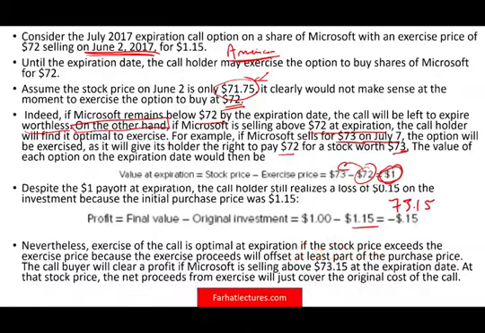Nevertheless, exercise of the call is optimal if the stock price exceeds the exercise price, because the proceeds will offset at least part of the purchase price. So the call buyer will clearly profit if Microsoft is above 73.15, as I told you. The net proceeds will just cover the original cost of the call plus the premium. This is what happened. So again, this is the call option.